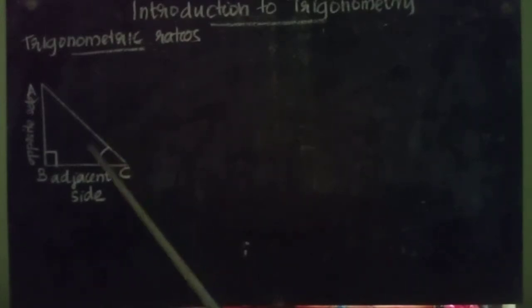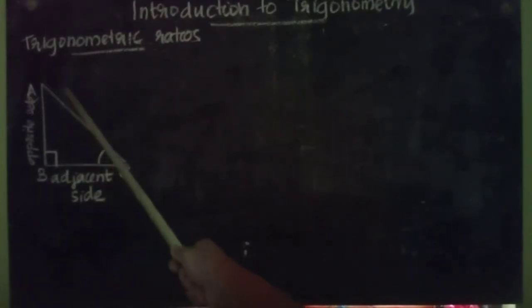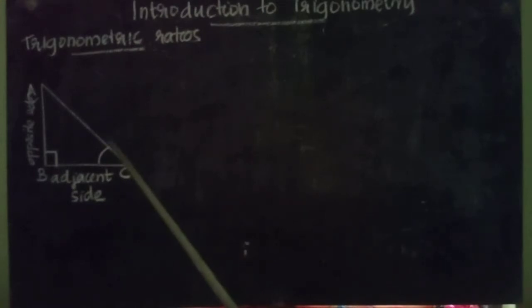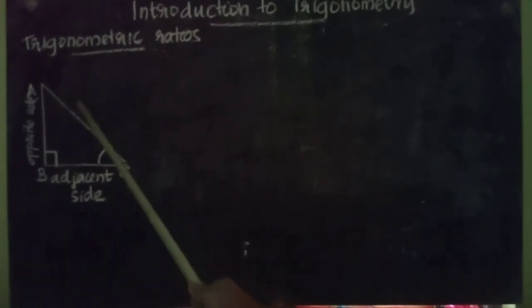We know in a right triangle, the longest side or the side opposite to 90 degrees is called the hypotenuse. So AC is the hypotenuse here.